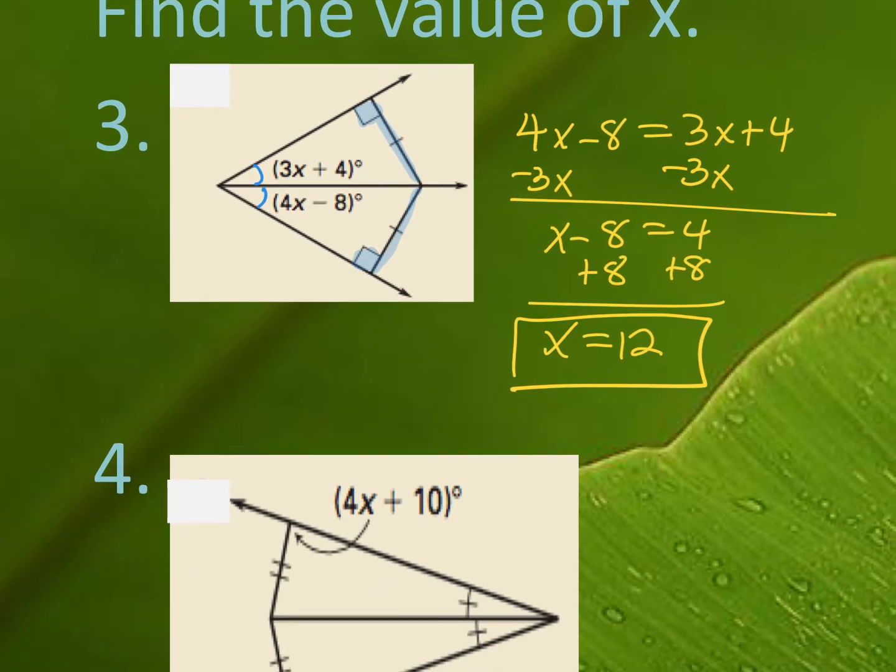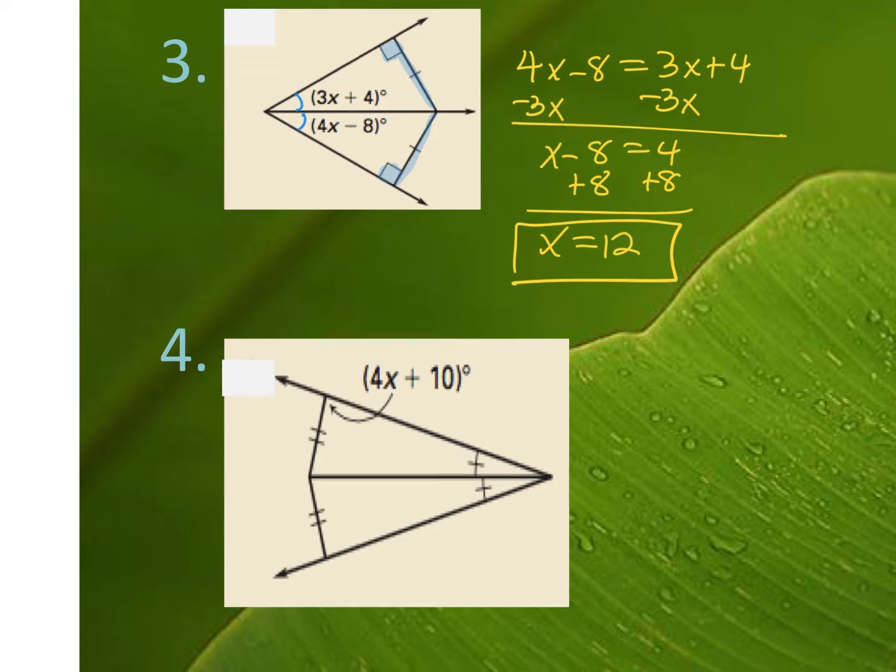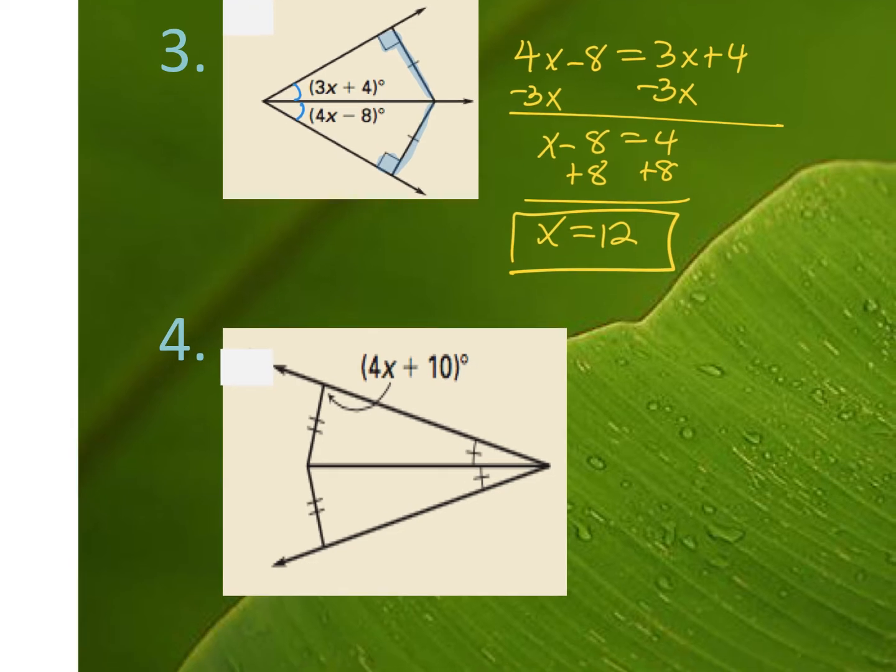Now the next one, this one's a little different, but if you remember, if your angle has been bisected, like this one is right here, then I know that any point on that angle bisector is equidistant from the sides of the angle. And remember, the distance is always indicated by the little right angle here.